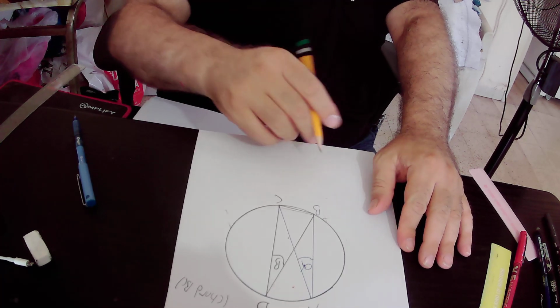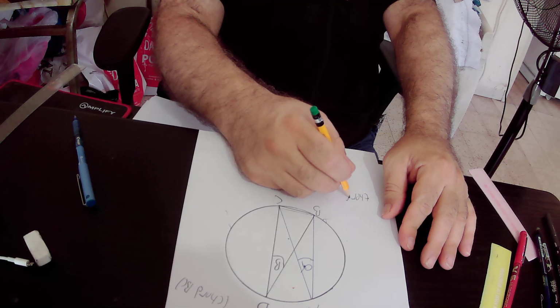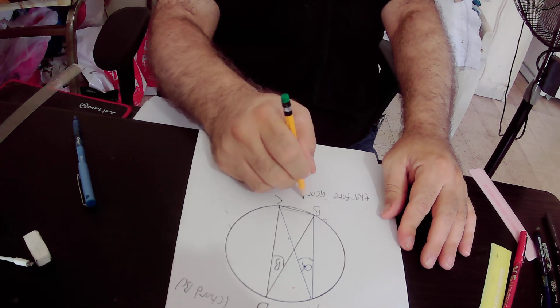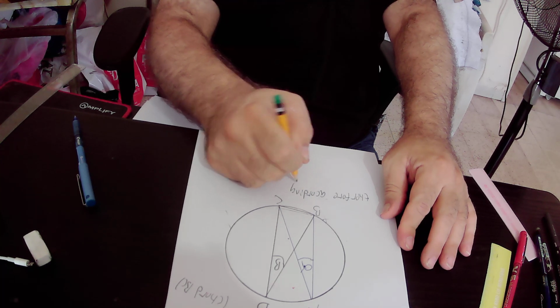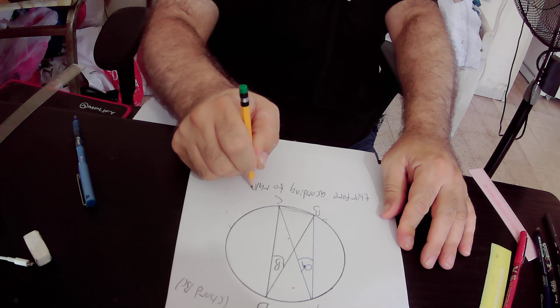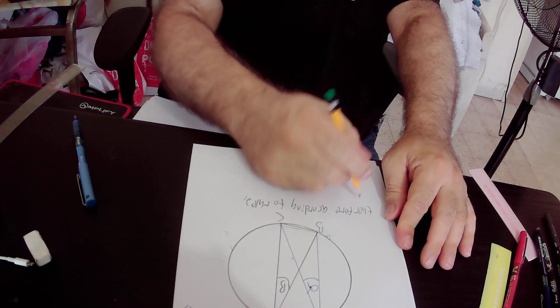Therefore, according to rule number 2, they are equal to each other.